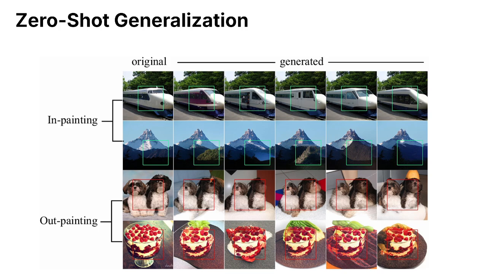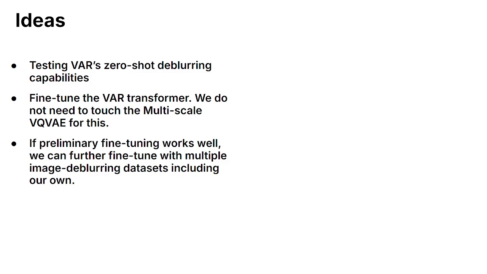If it's in painting, then this part of the image was actually occluded and given into the VAR model, and the output was these generated ones, right? And out painting is basically this was the original image, and it painted outside of the borders. This is showing good generalization, considering this was simply made with the ImageNet dataset.